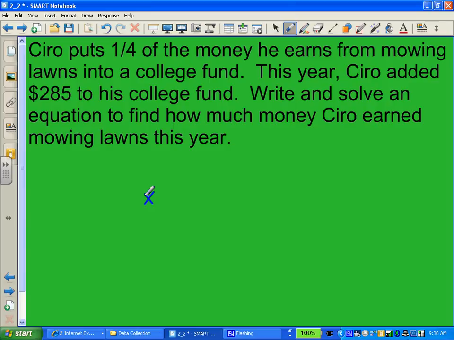Alright, so let's say X is the amount of money that Ciro made mowing lawns. Now he puts 1/4 of. Now hopefully you remember from chapter 1 that of means multiplication. So 1/4 times, and then we just said that X was the money he earned, so 1/4 times X. So 1/4 of the money he earns goes into his college fund.